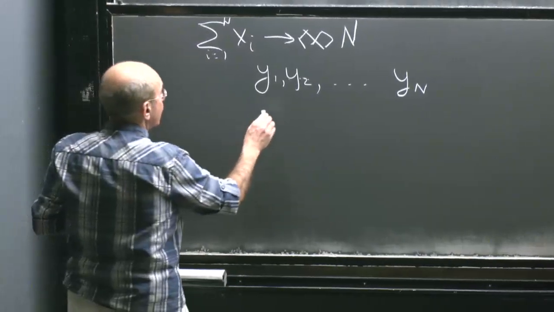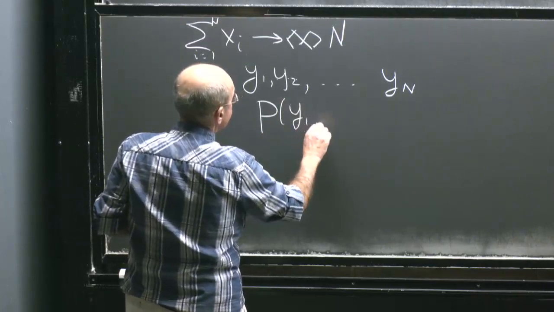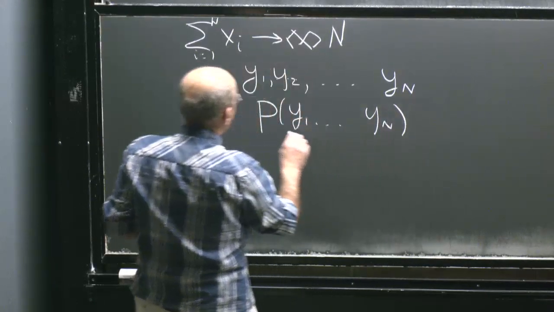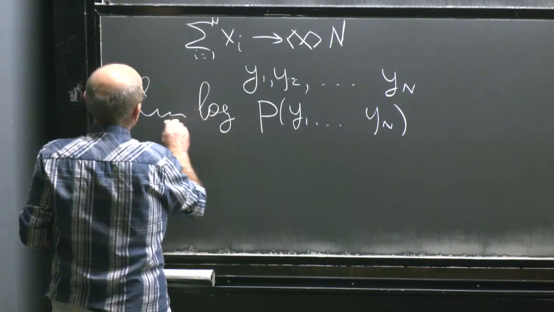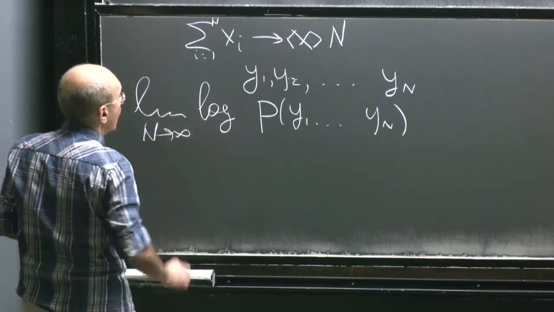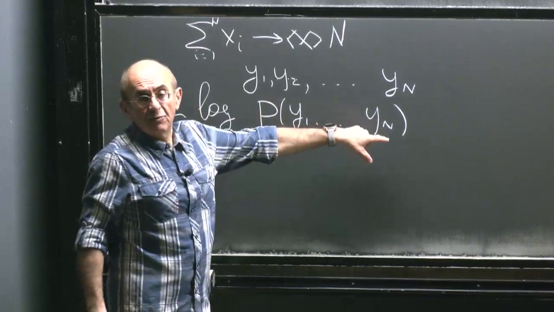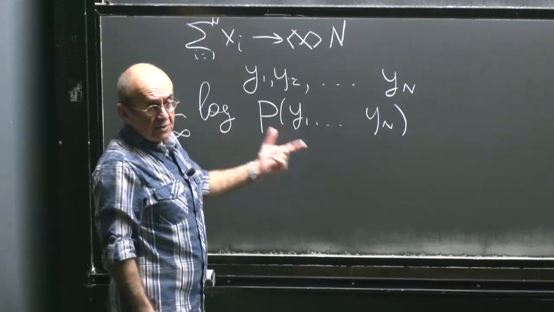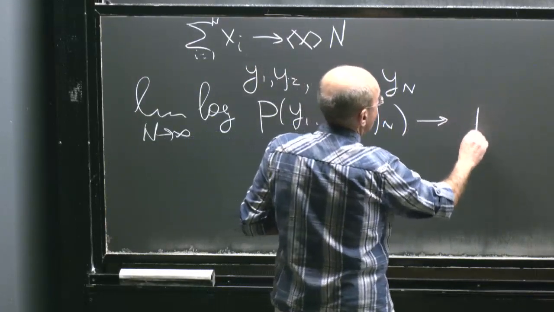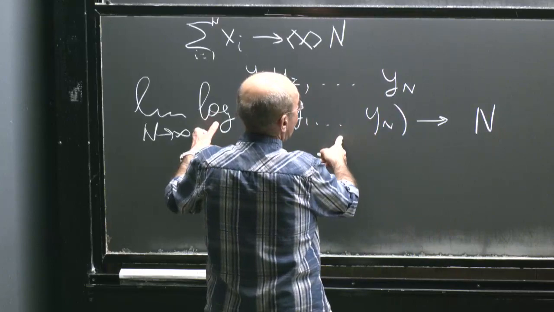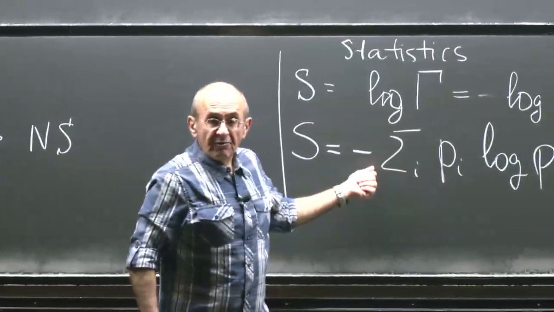But then we can say that if we look at the probability of such a sequence and we take a log of it and we take the limit when n goes to infinity, first of all, those are products of probabilities of different things. So the logarithm is the sum of random numbers. So it asymptotically approaches n times the mean value of a logarithm, which is entropy according to this formula.